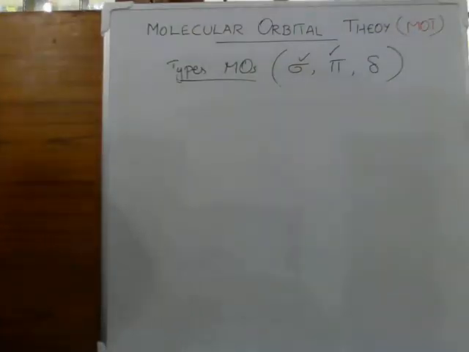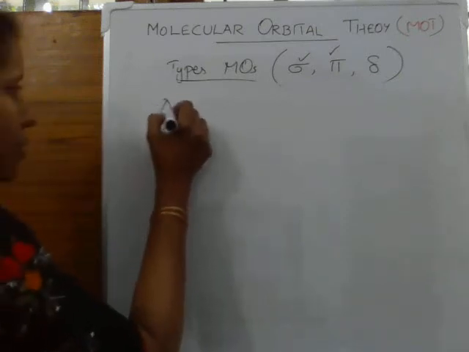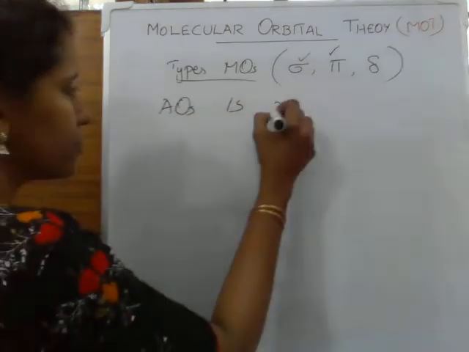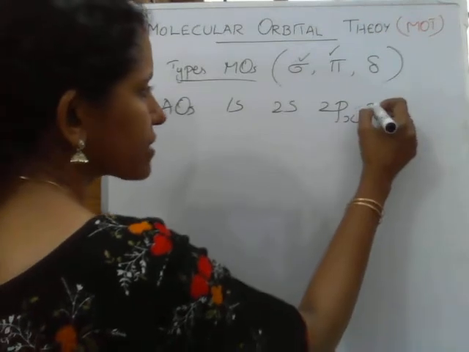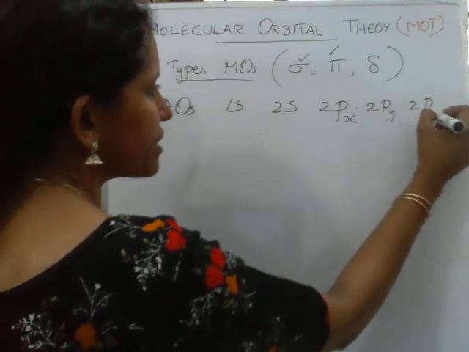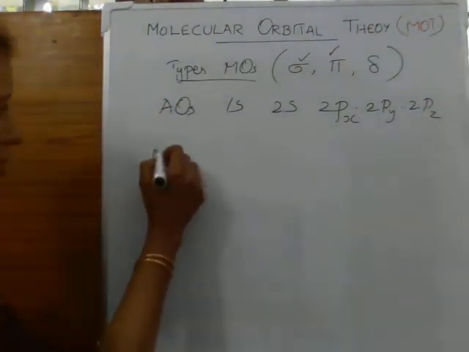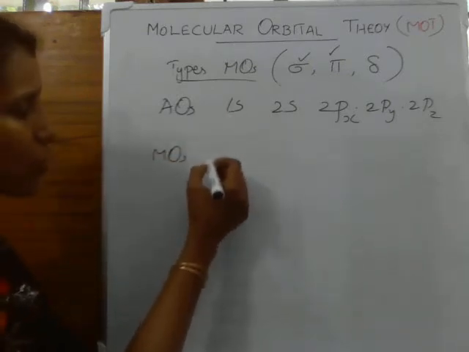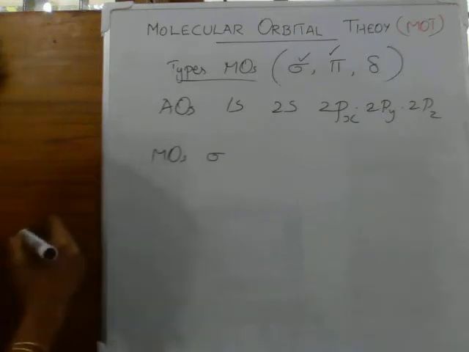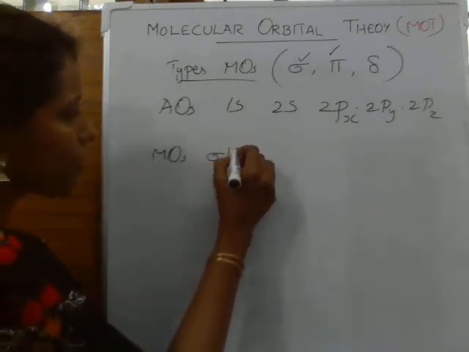So the various molecular orbitals are produced from the 1s, 2s and 2p atomic orbitals. The atomic orbitals are 1s, 2s, 2p, etc. In 2p there are 2px, 2py, 2pz. Let us write the molecular orbitals formed by them. S orbital always forms sigma molecular orbital, so it is represented by sigma 1s.